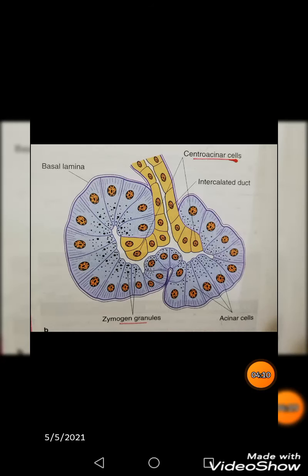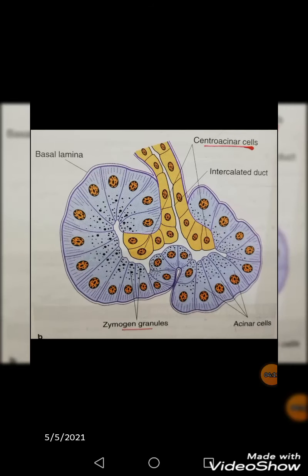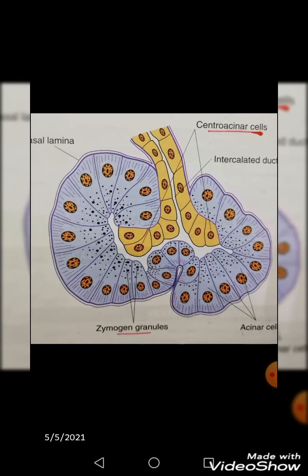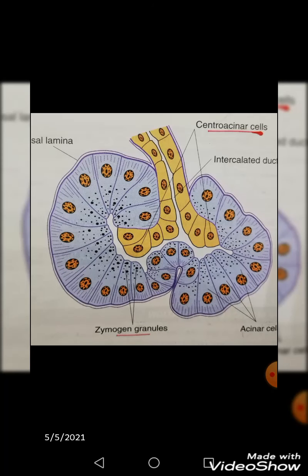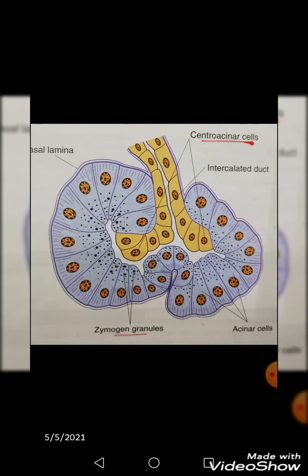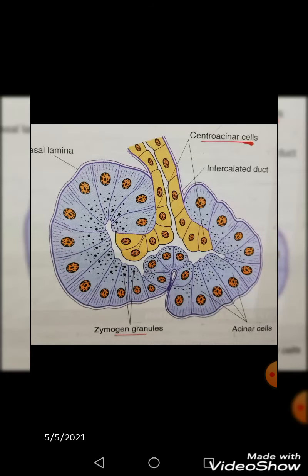Now in this picture you can focus on an individual acinus laden with the pyramidal shaped cells, and you can visualize the bases having the nucleus nearby, and the apical region showing the zymogen granules. And in the central cavity of this acinus you visualize a type of cells called centroacinar cells.